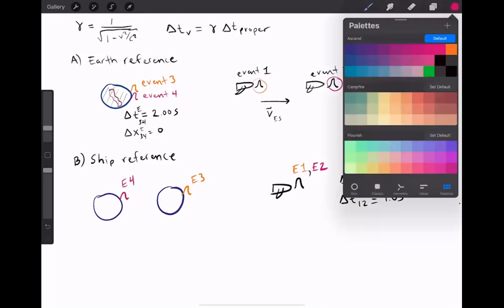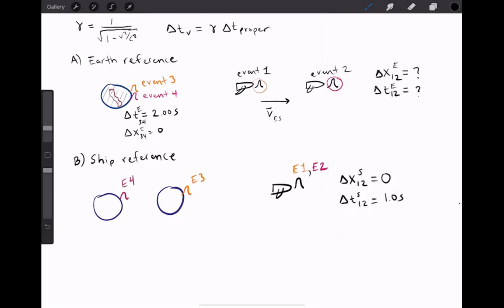In this frame of reference of the spaceship, it's not the spaceship that is moving, but rather the Earth moving in that direction.